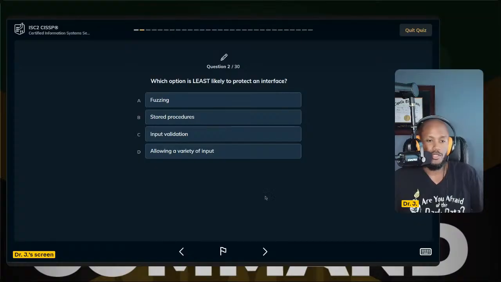That's where it opens up to attacks. I think stored procedures also help to protect the interface.